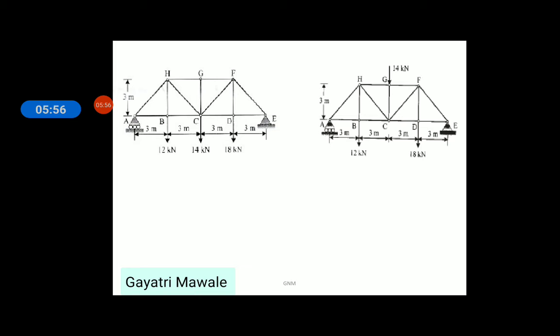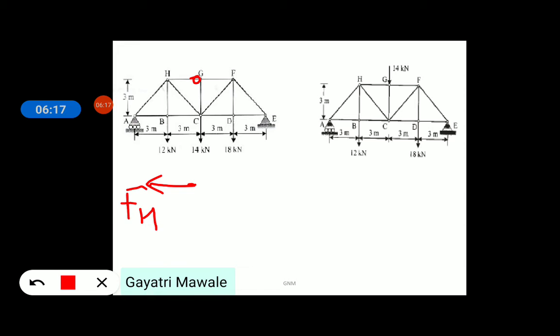In the first truss, if I consider joint G, look at this joint G, it has three members. So if I draw joint G, one force is, say, the force in the HG member, which will be balanced by the force in the GF member.